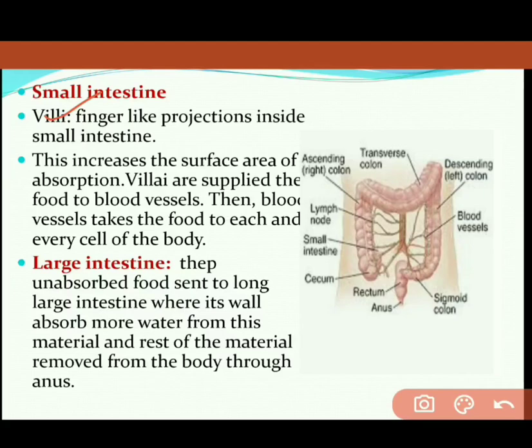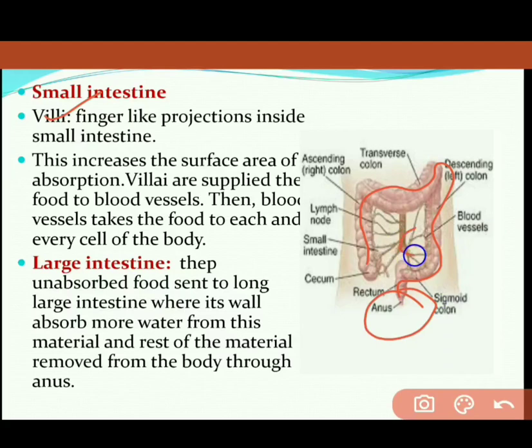Once the food reaches the small intestine, the villi absorb the food and supply it to the blood vessels, and through the blood vessels the food goes to various parts of the body. And finally, the unabsorbed food is sent to the large intestine, whose wall absorbs more water from this material, and the rest of the material is removed from the body through the anus.